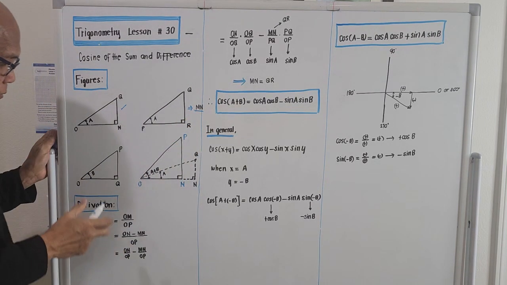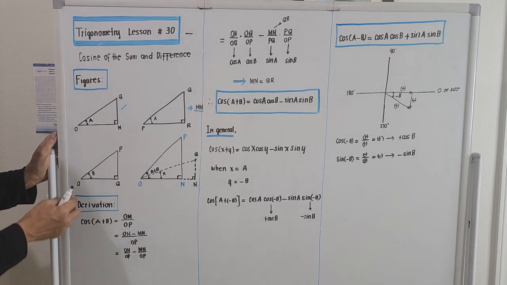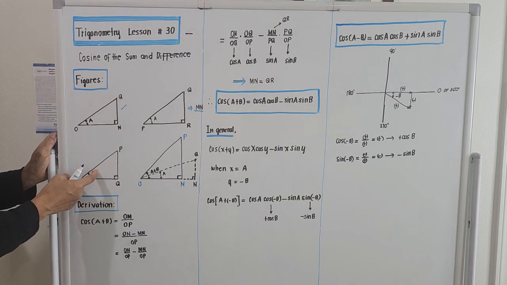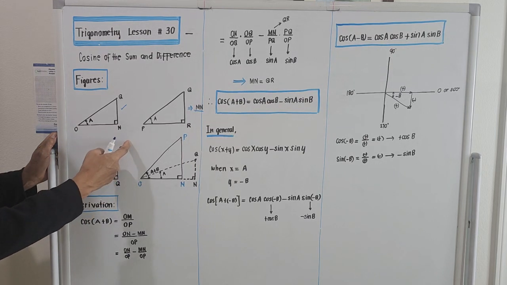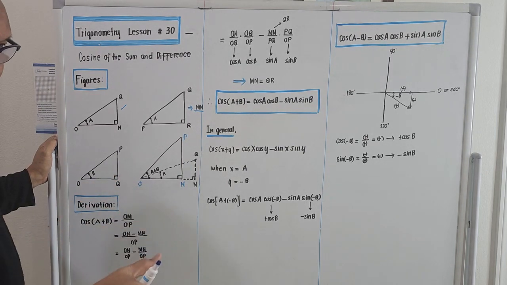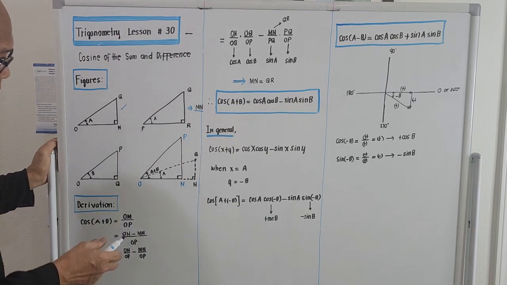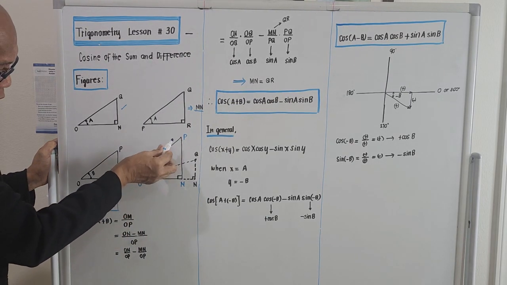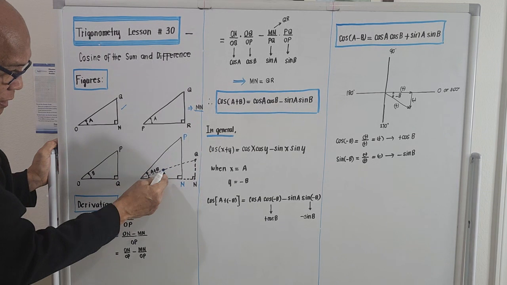For the third right triangle, it will be angle B now, and the corner notations are OQP. The largest right triangle will be the one with the solid line, not the dotted line.